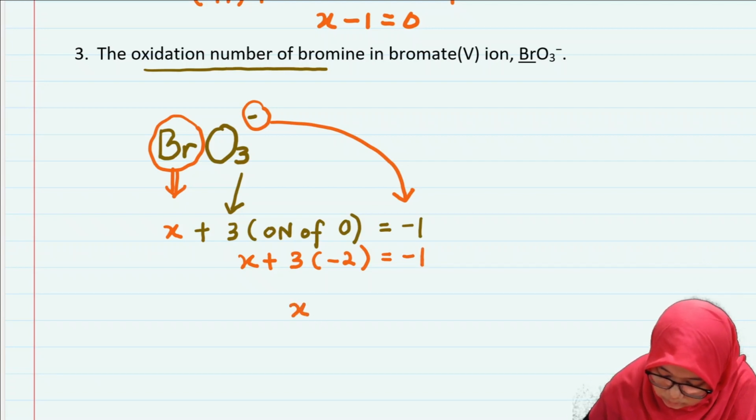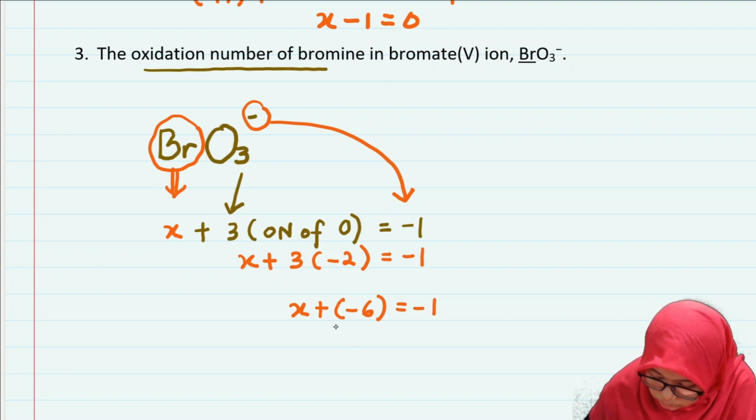So X plus 3 times -2, which gives -6, equals -1. So X equals -1 plus 6. So X will be positive 5.